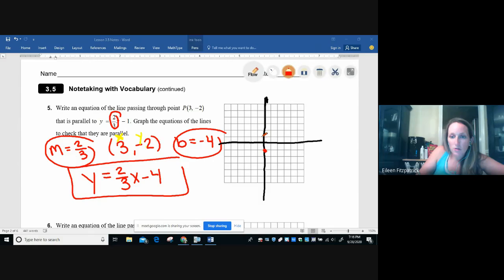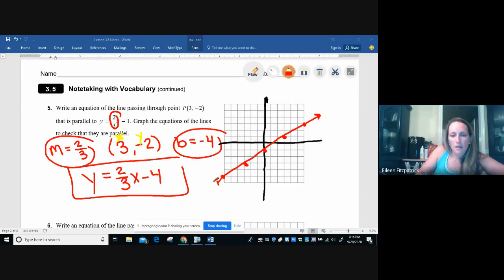Then you go up 2/3. I could also go down 2/3. All right, and you draw your line, try to get straight.